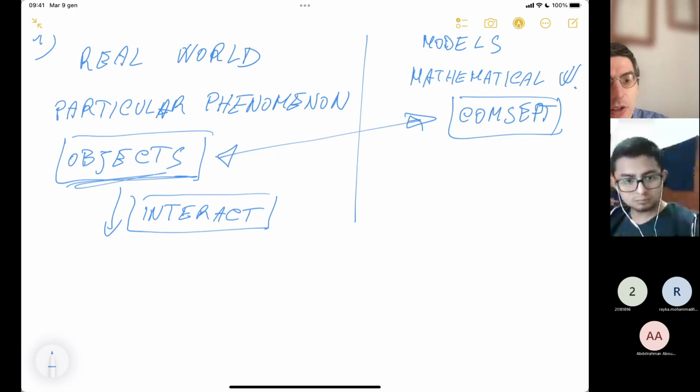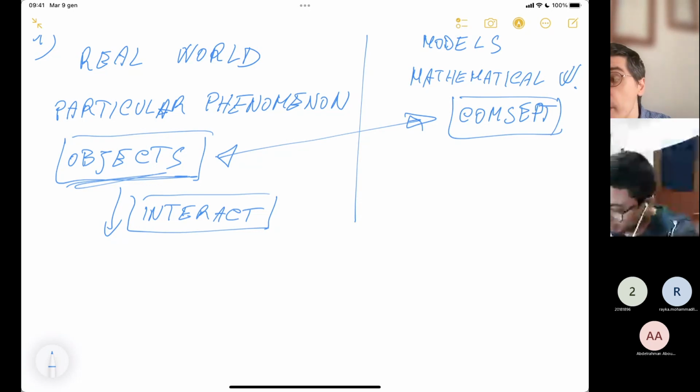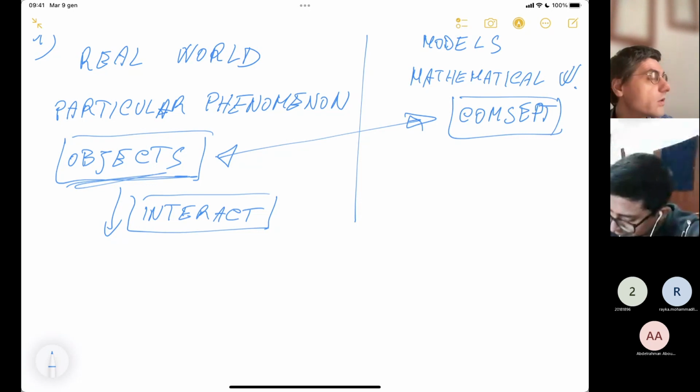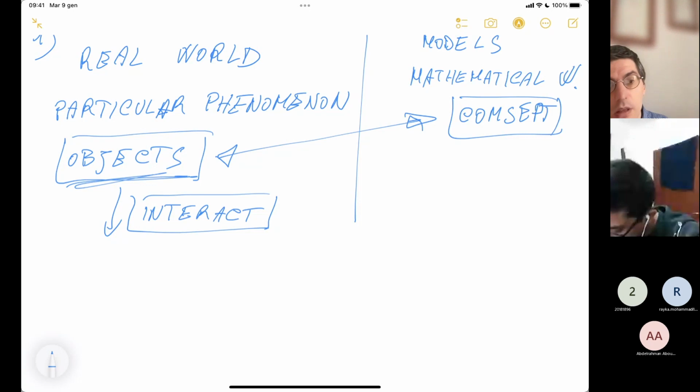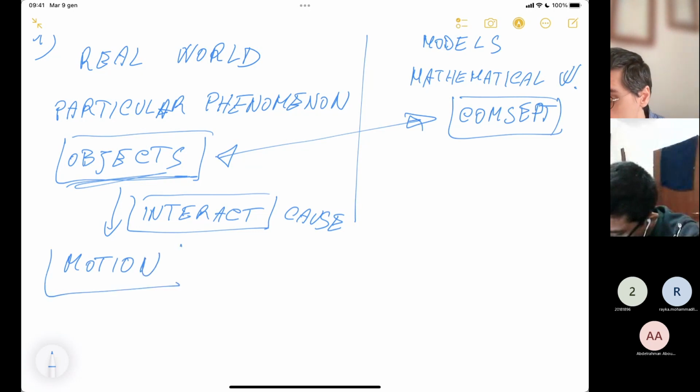And these interactions are responsible for the motion. If you have two objects, these two objects can be in contact with each other, or you can also have interaction at a distance. This kind of interaction is the cause for the motion at the end of the story. So the result of this interaction will be the motion.